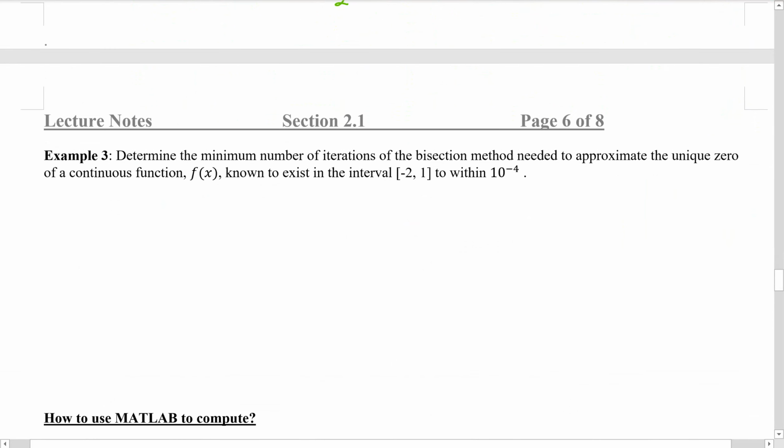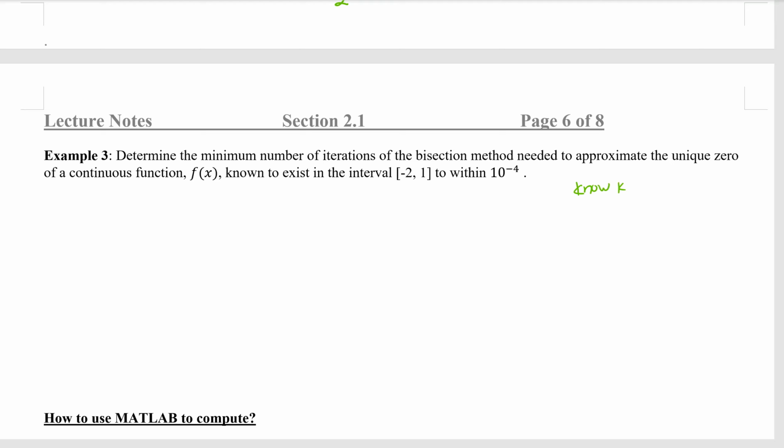Example 3. Determine the minimum number of iterations of the bisection method needed to approximate the unique zero of a continuous function f(x) known to exist in the interval [-2, 1] to within 10 to the -4. Here we can have two directions.